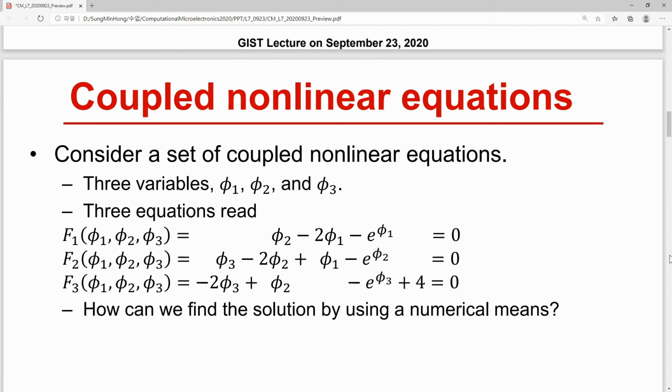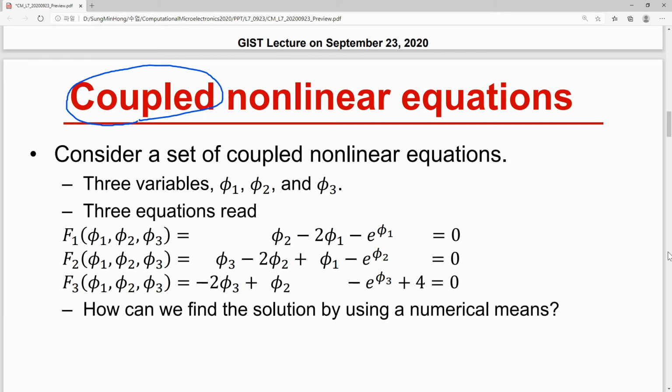I mean that if we have 10 grid points, then we have 10 unknown variables corresponding to 10 discrete points. If we have 100 grid points, then we have 100 unknown variables. Then we have to think about the solution for coupled nonlinear equation.